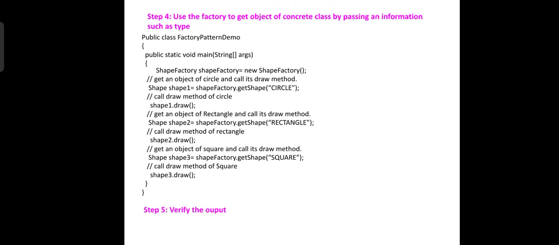After that we will verify the output. It will output: inside circle draw method is called, inside rectangle draw method is called, and inside square draw method is called. Hence it only prints the statements which we wrote in the draw method by using System.out.println.